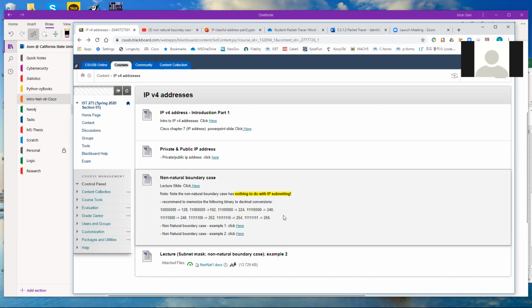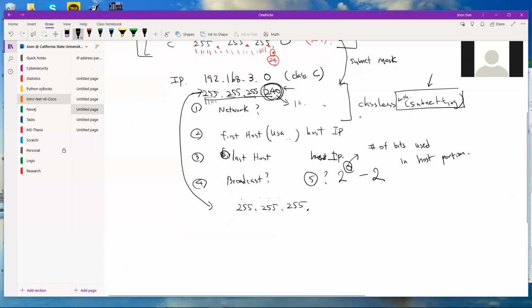For example, 240, right? What is the binary equivalent of 240? 11110000, right? So just memorize this number, please. So we know that 240 is 11110000, right?